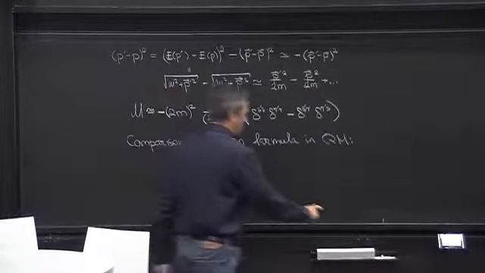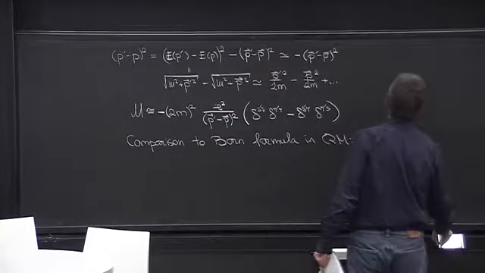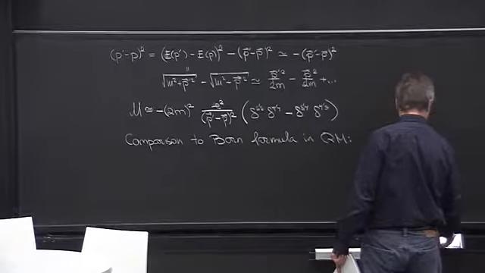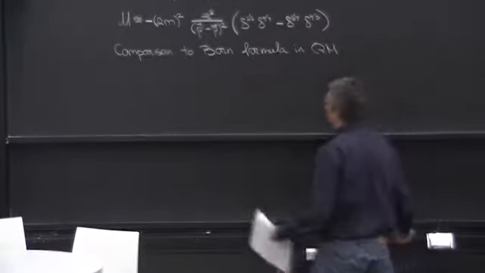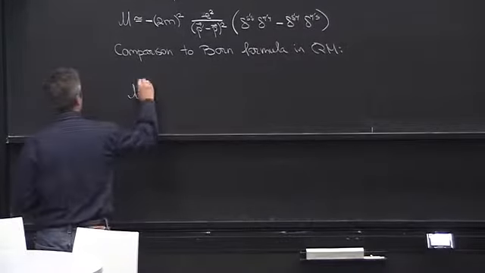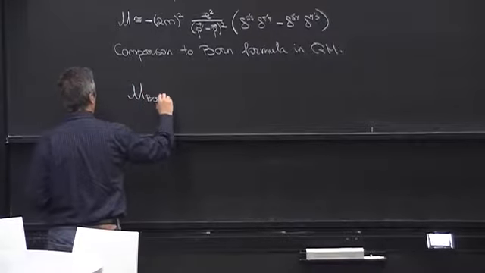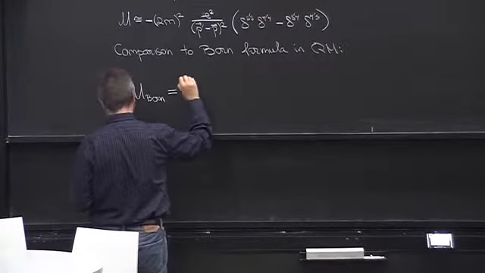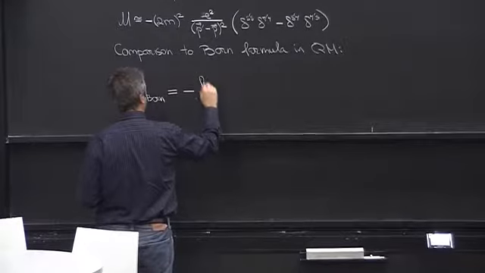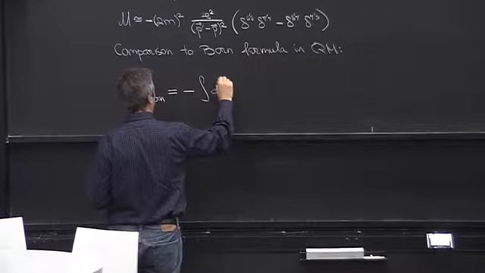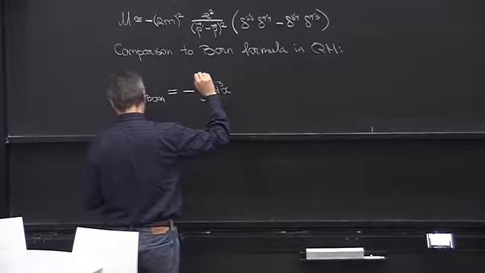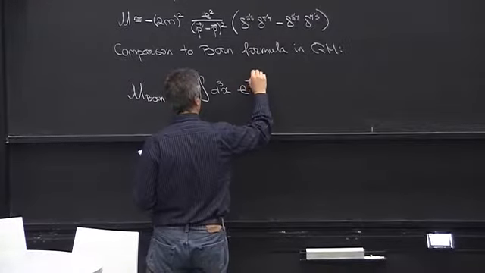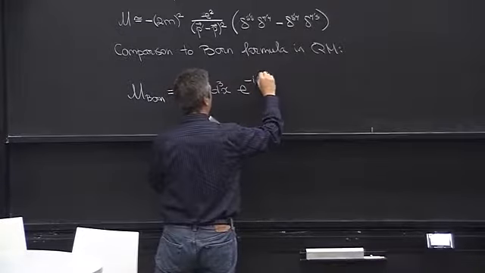In the Born approximation, the Born amplitude is equal to minus the Fourier transform of the interaction potential.